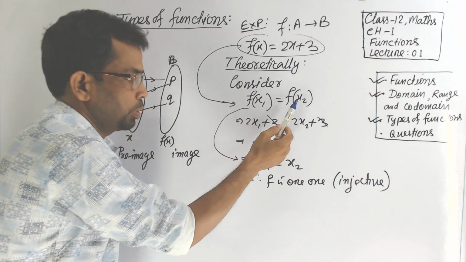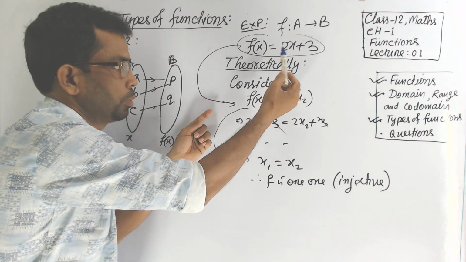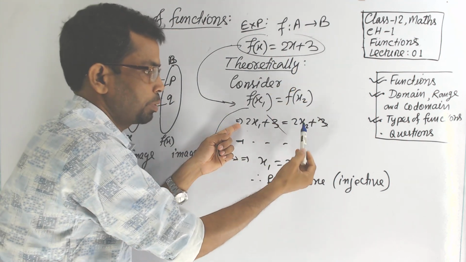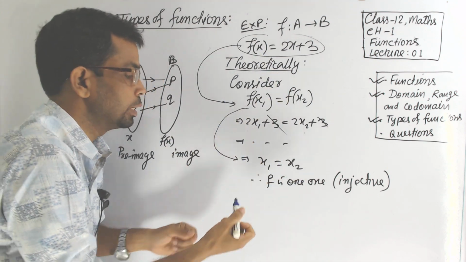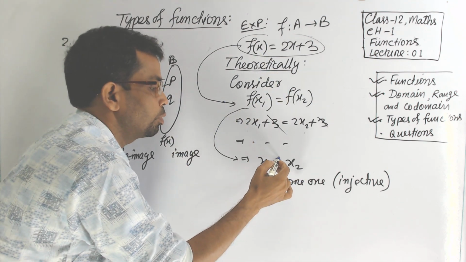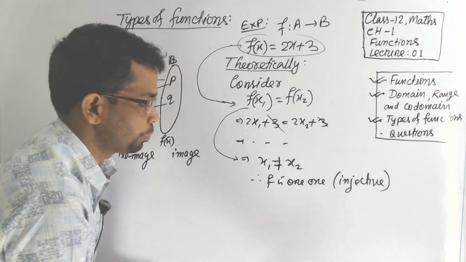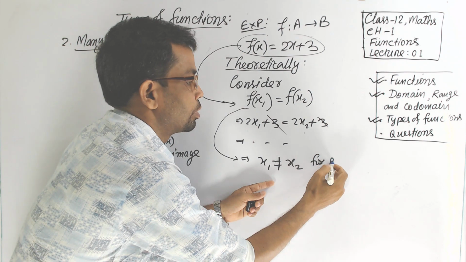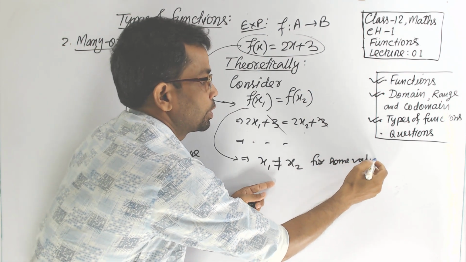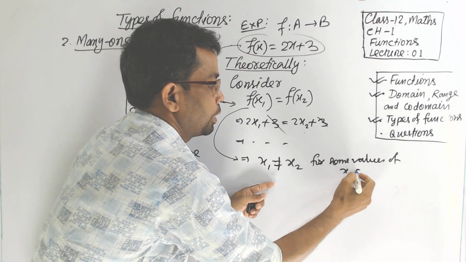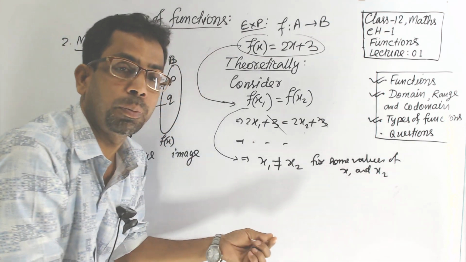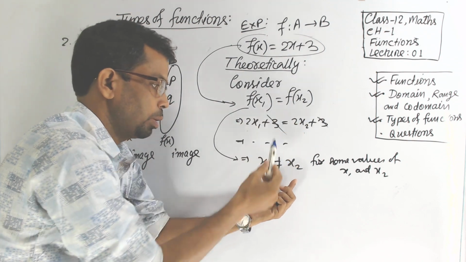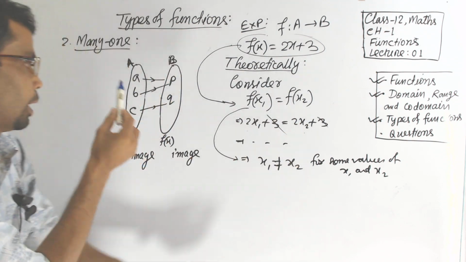Consider f(x1) equal to f(x2), and in the same way, the function here: f(x1) is this and f(x2) is this, replacing x by x1 here and x by x2 here. Then if we can prove that x1 is not equal to x2 for some values, at least for one pair of values of x1 and x2, and we can show that images are equal but the elements are not equal, we can understand from here.